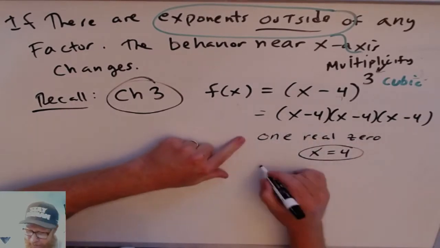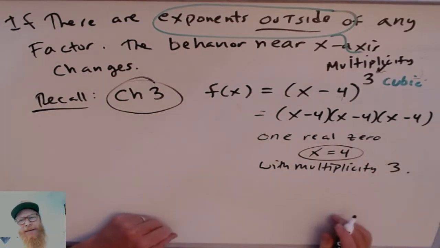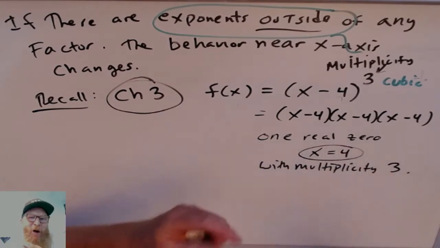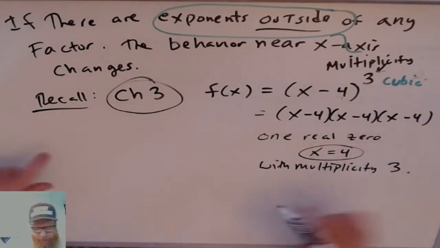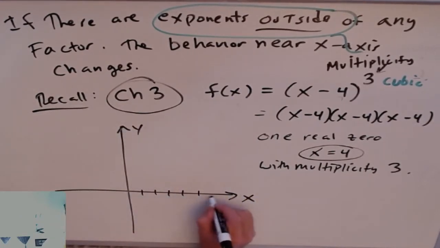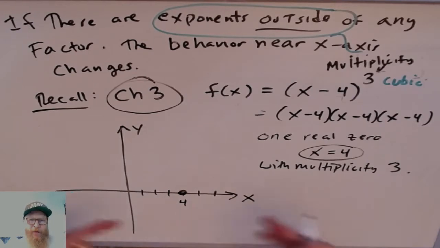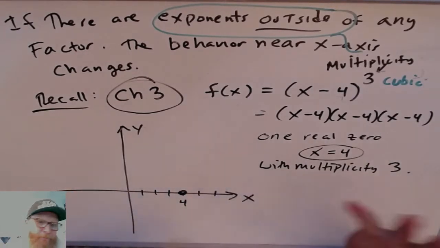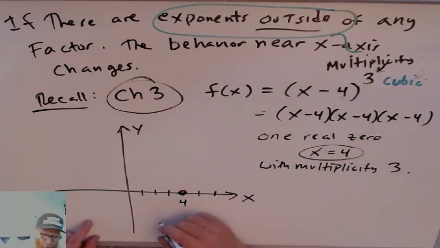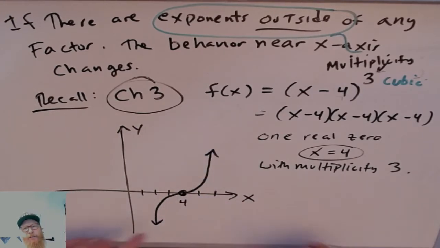And so we say one real 0 with multiplicity 3. We're saying that that particular 0 occurs 3 times, but in the graph, you don't write it 3 times. 1, 2, 3, 4. You only write it 1 time. So in the graph, it looks like it only has 1 answer, because it really does only have 1 answer. It's just 1 answer, and I'm going to copy the shape of the cubic. So it's the cubic shape with multiplicity 3.